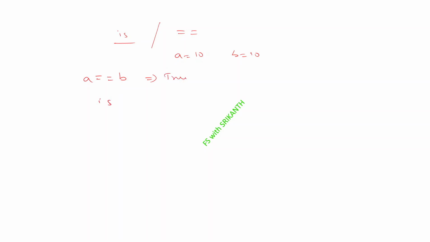And is compares at object reference level. Object a is b is true actually, but when you compare the list 10, 20, 30 and 10, 20, 30, even though these two values are equal, the references are different, so it returns false. So it compares based on the reference level.